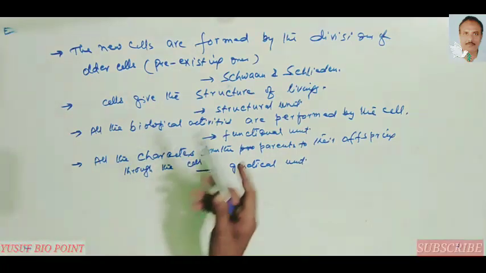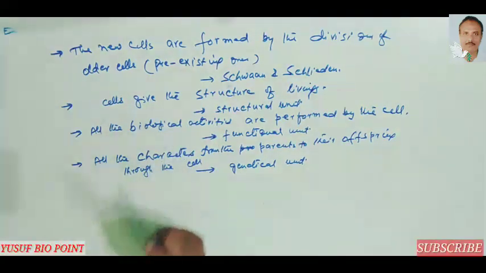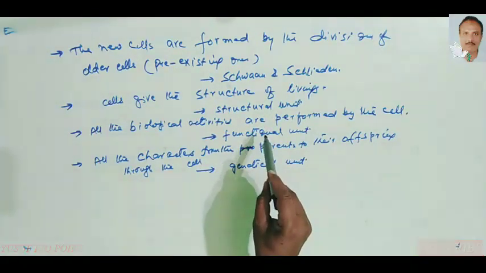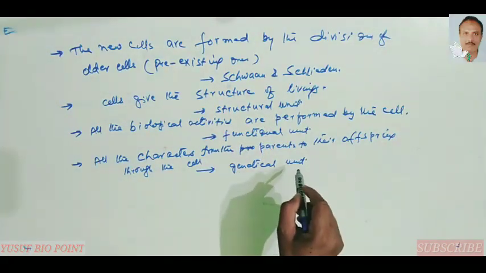So we see that the cell is the basic unit, the structural unit, the functional unit, and the genetical unit.